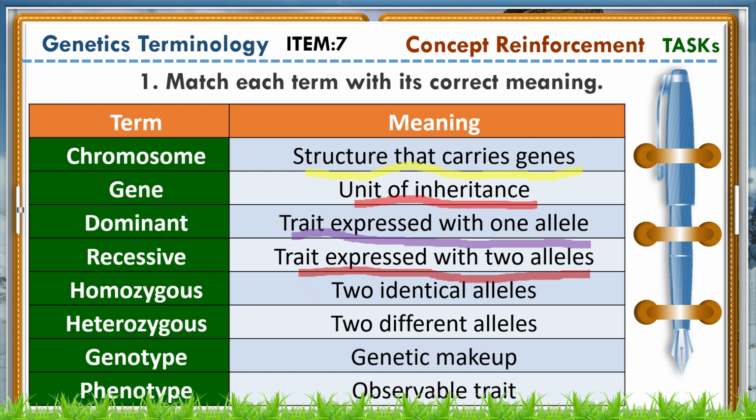Homozygous, these are two identical alleles. Heterozygous, these are two different alleles. Genotype is the genetic makeup, and phenotype refers to observable traits. Those are the real meanings of our terms.